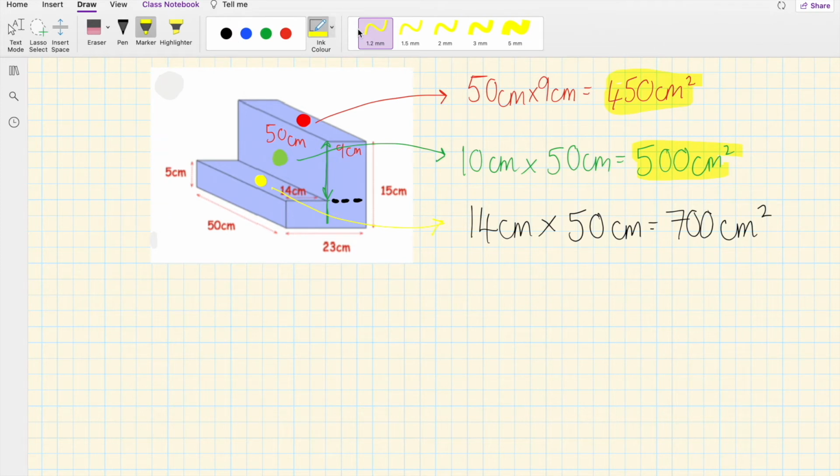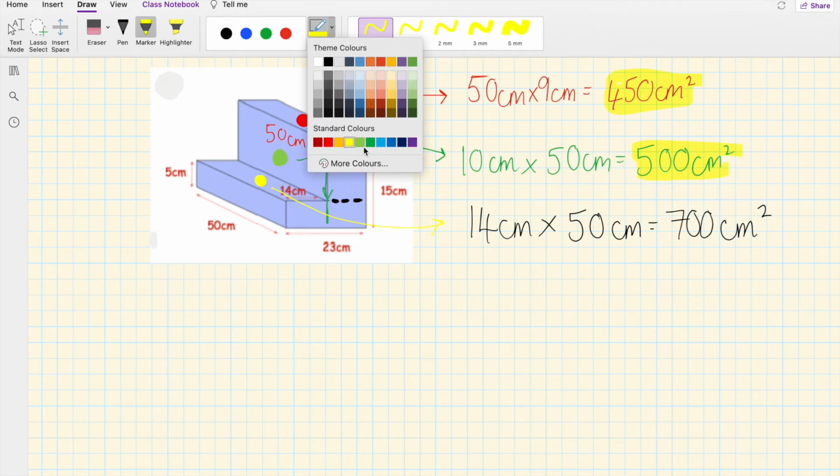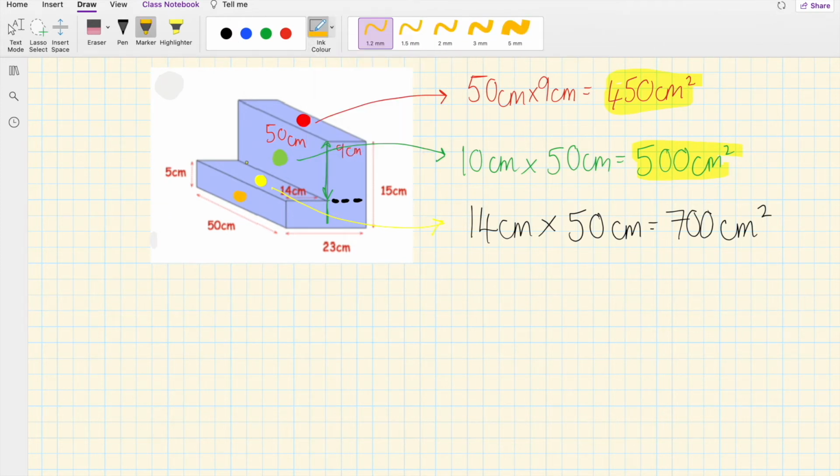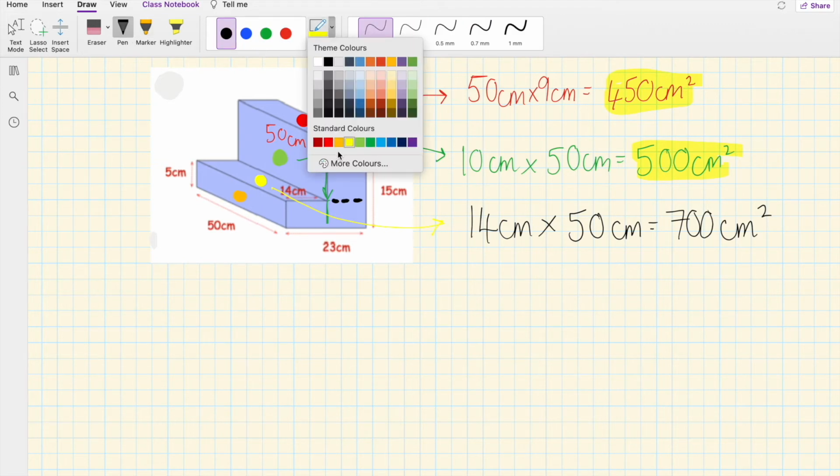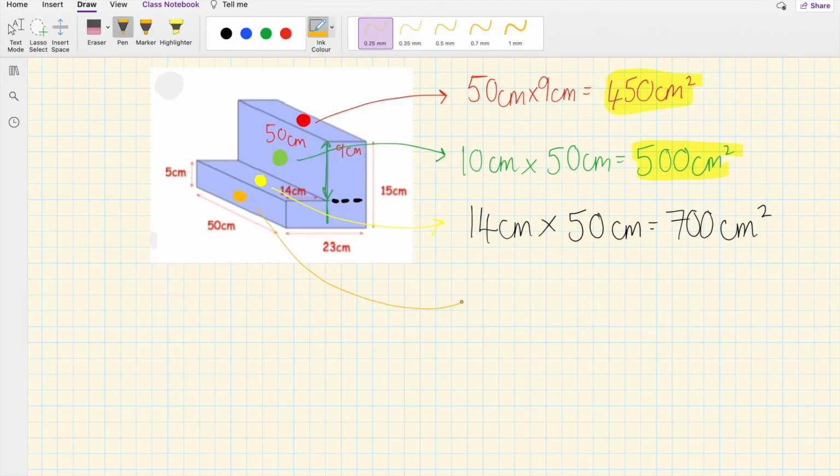Oops, forgot to highlight the previous area. Okay, moving on to the orange rectangle, I am going to have a length of 50 multiplied by a height of 5. That's going to give us 250 centimeters squared.